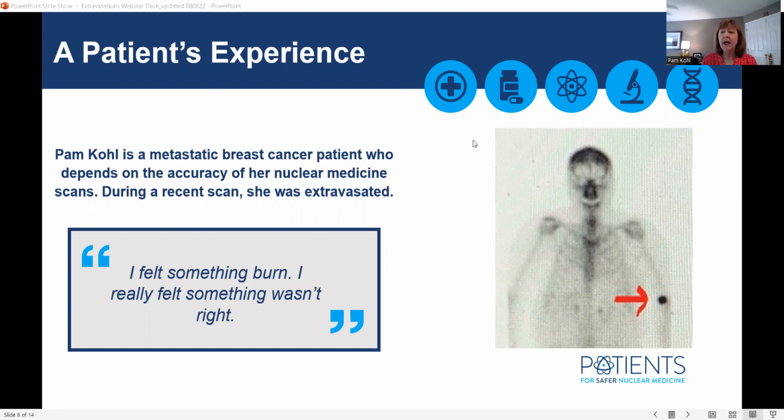And so I said, okay, let's go ahead and do the scan. And I also thought to myself, well, I'm going to get scanned in 3 months anyway. So they did the scan, and we will never know whether that scan was accurate or not, because we didn't do a second scan a few days later after the extravasation.